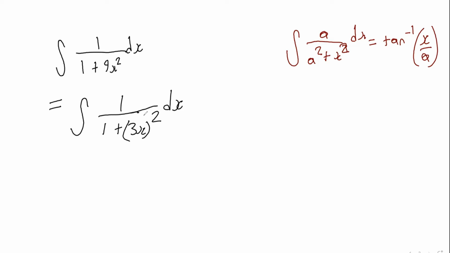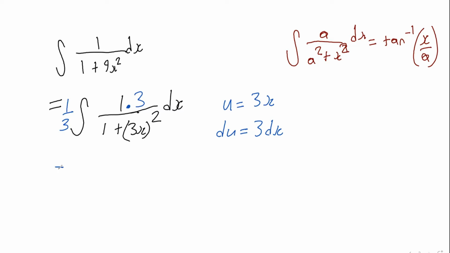You see, the 9x squared could have been broken down as 3x all squared. If you were to do some sort of u substitution, maybe write u equals 3x, then your du would be 3dx. So what we do is put a 3 here, and put a 1 over 3 right here.